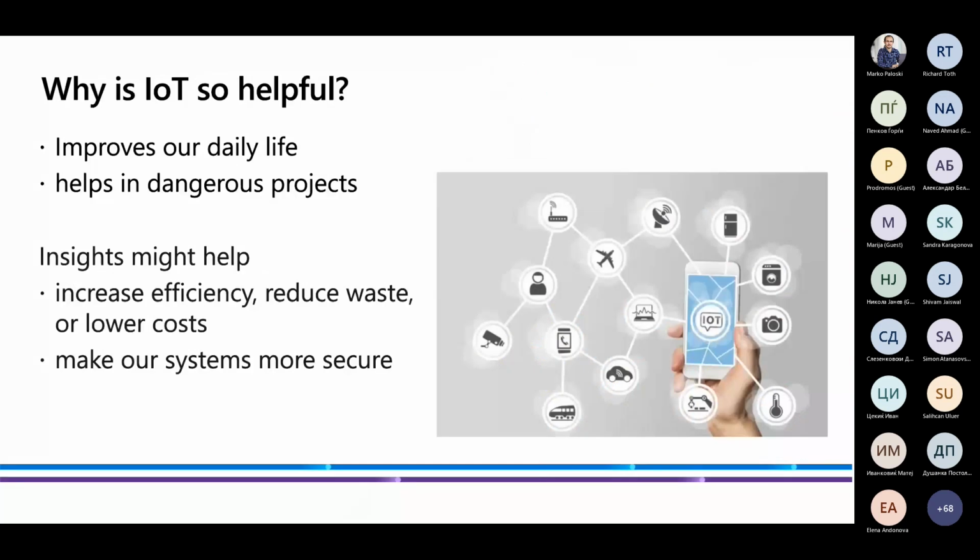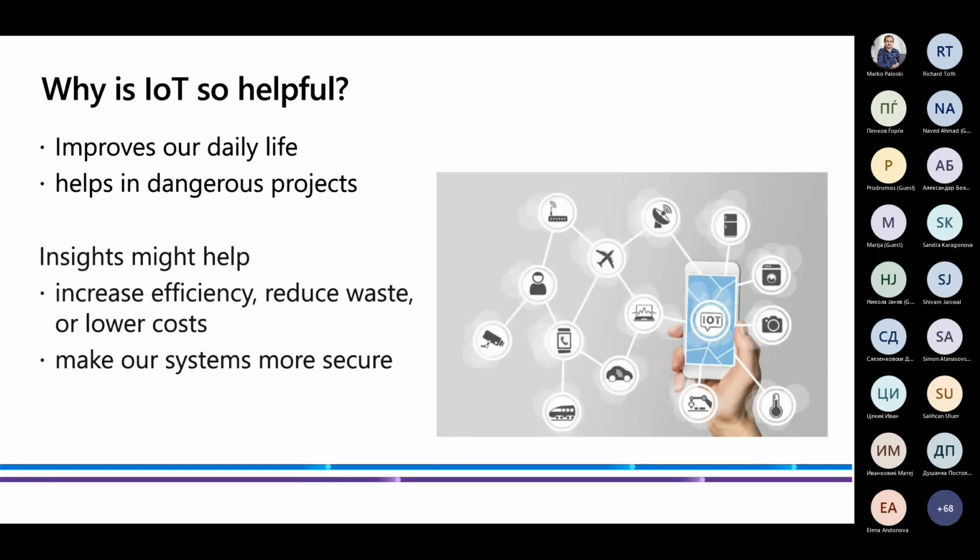Why is IoT so helpful? IoT helps us in our daily life, and on the other hand, it helps us in tasks that are very, very difficult to take place without it. Moreover, once data is collected, it becomes possible to analyze it to gain meaningful insights.